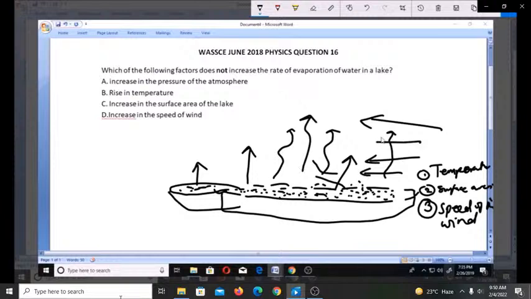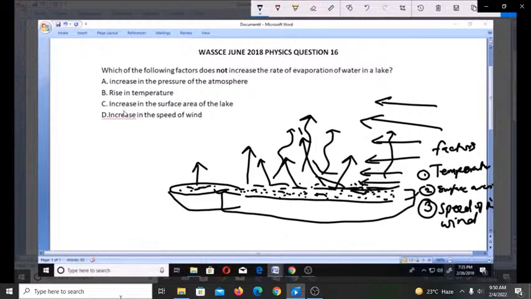So the breeze, as it is flowing in this direction or any other direction, will be picking the water from the top of the lake and be going up. So all these three factors will increase the rate of evaporation.